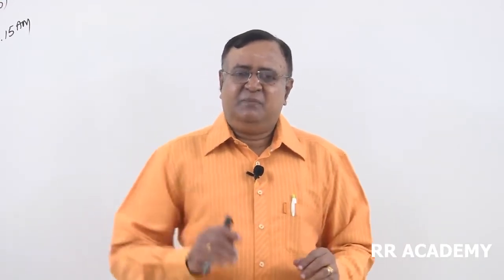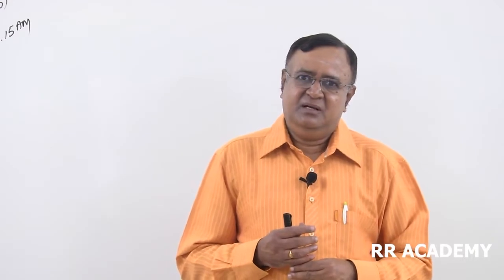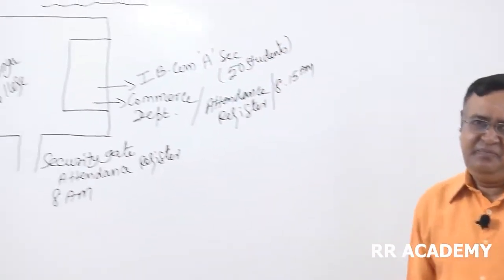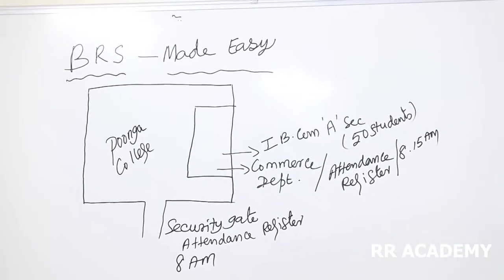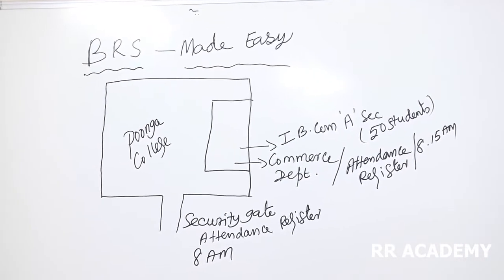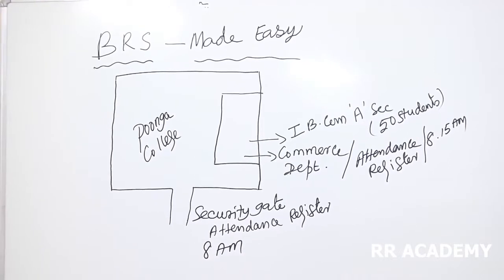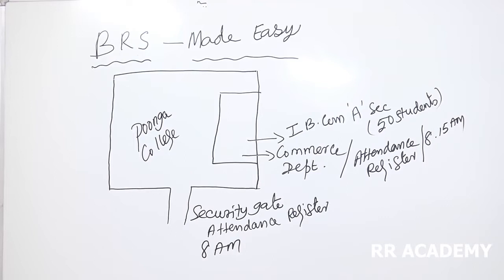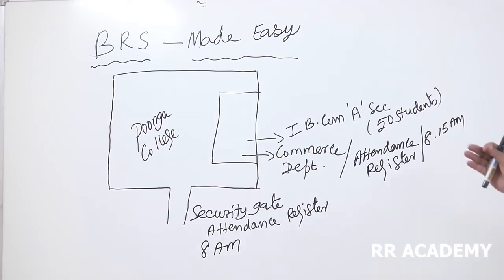Anyhow, we will come to that point later. Now, BRS made easy, Bank Reconciliation Statement. It is an important question from the examination point of view, for CA, for CMA, for all.